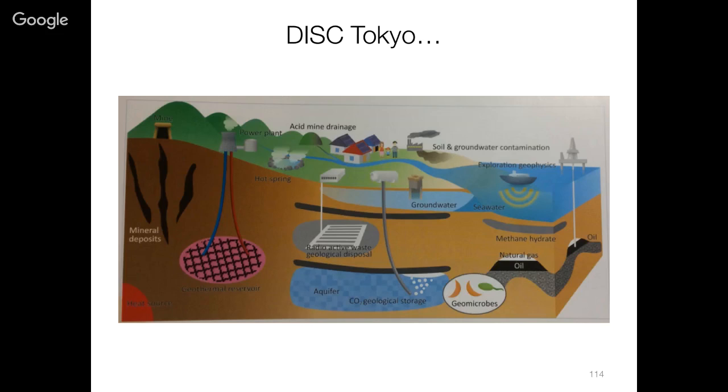That's also big there. Radioactive waste disposals, acid mine drainage, and geothermal power and mineral deposits. So this was from their brochure, and I took one look at that and I said, well, EM can play a huge role in all of these things.